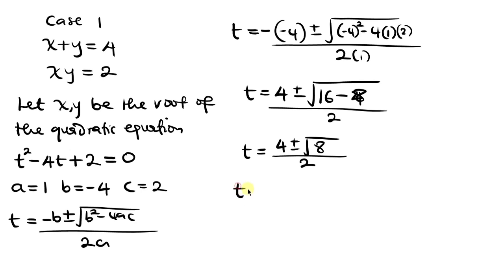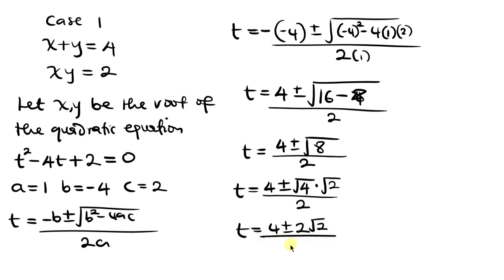So t now becomes 4 plus or minus the square root of 8, which can be written as the square root of 4 times the square root of 2. I use this because 4 is a perfect square. So all over 2, t now becomes 4 plus or minus, now the square root of 4 is 2, and I have root 2, all over 2.